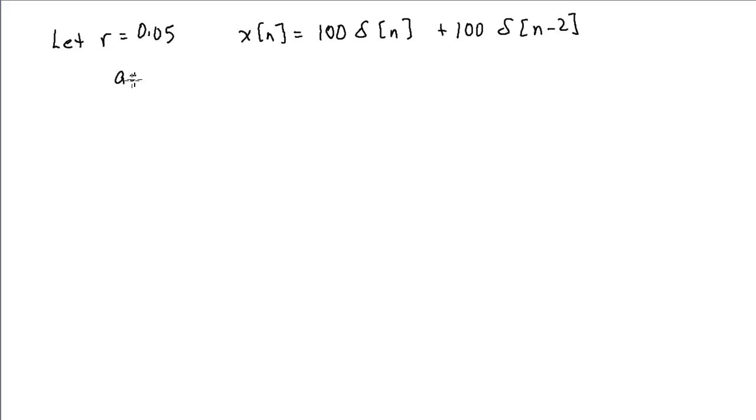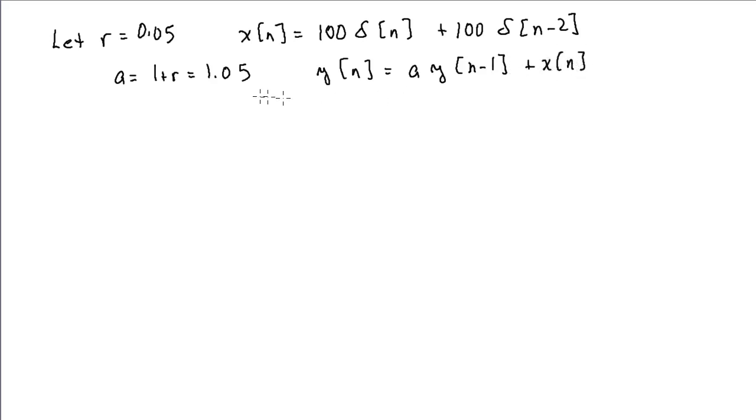Again, a is 1 plus r, or 1.05, and then from my difference equation, I have y of n is equal to a times y of n minus 1 plus x of n.